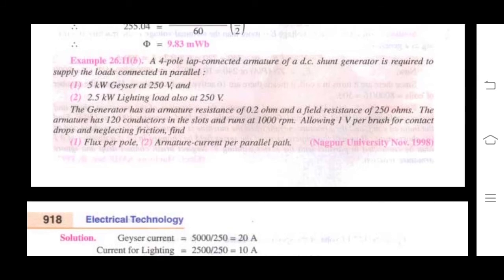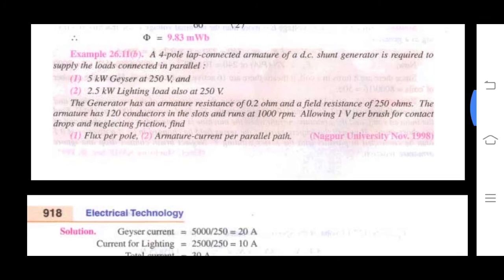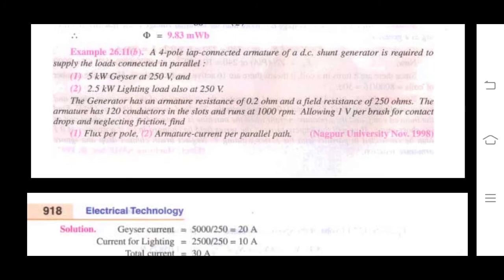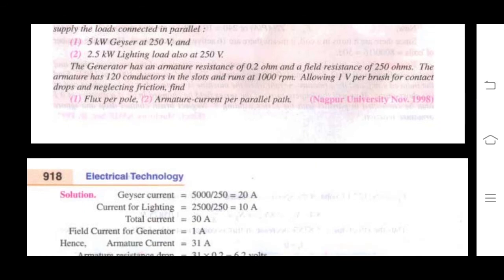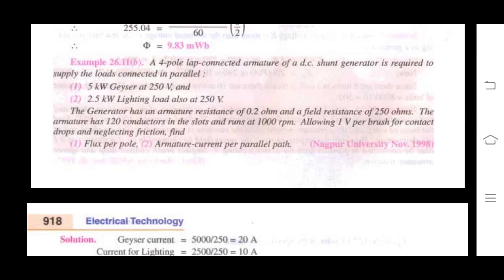A 4-pole lap connected armature of a DC shunt generator is required to supply loads connected in parallel: a 5 kilowatt geyser at 250 volts and a 2.5 kilowatt light load also at 250 volts. So it is a shunt DC generator with 4 poles and lap winding, supplying two loads, one geyser and one light load.